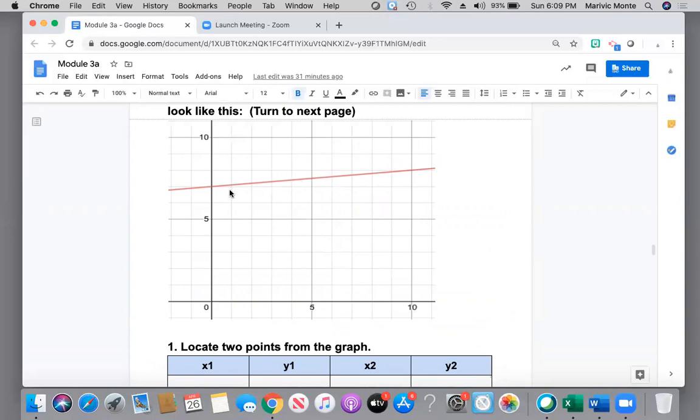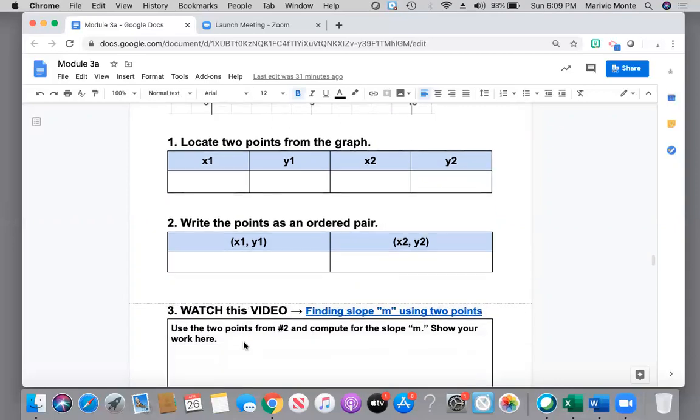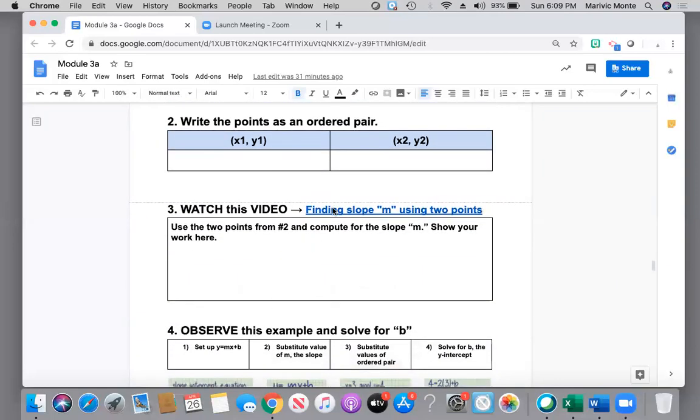It's going to be easier to identify points because it's a clean line. And so you can easily locate 2 points from the graph, and you write them as an ordered pair. And then you watch this video just to refresh your memory on how to move on from an ordered pair. Now you have to compute the slope, which is actually the rate of change as well.